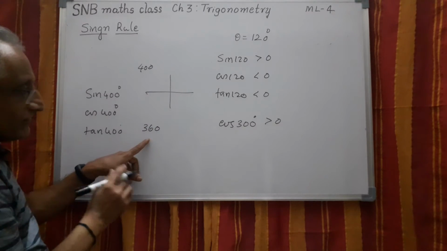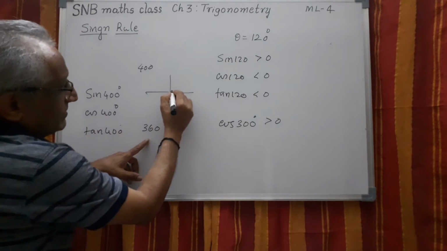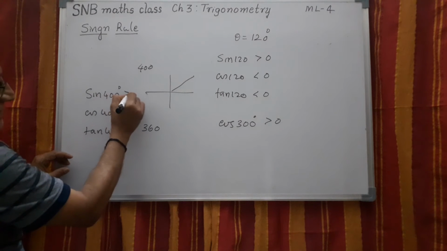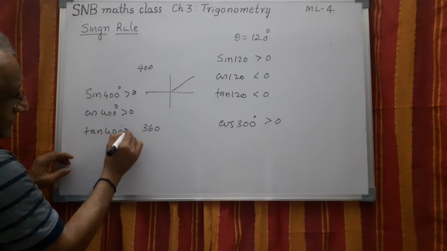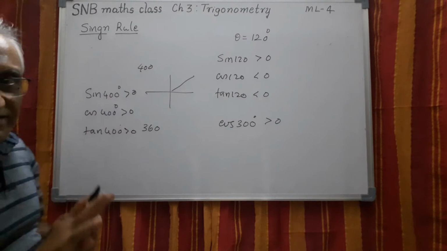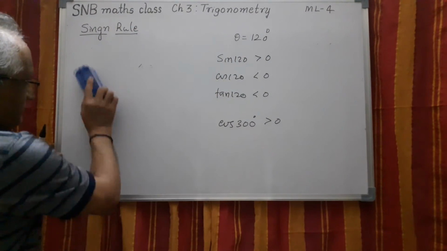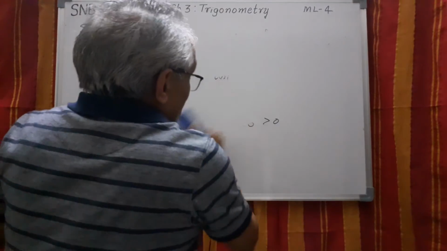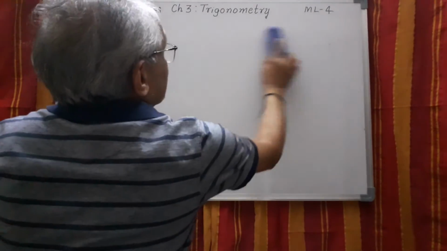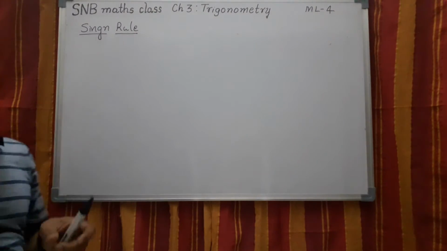After 360, once again 40 you have to add. That means it will be in the first quadrant. So sine, cos and tan all become positive. So this is the logic. Any angle we can decide the sign of the trigonometric ratio. So this is one important thing to remember, the sign rule.